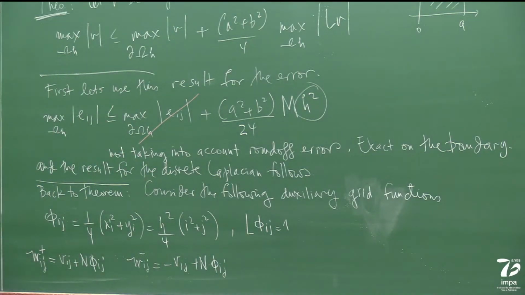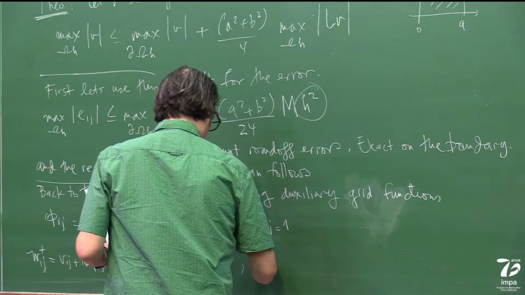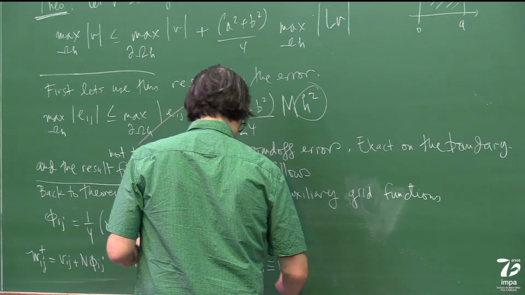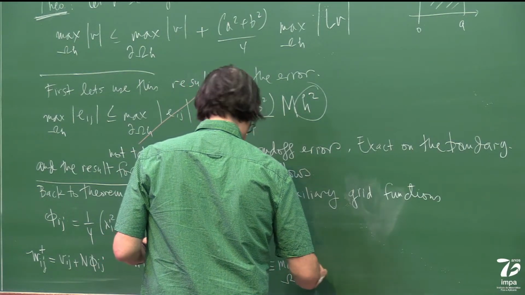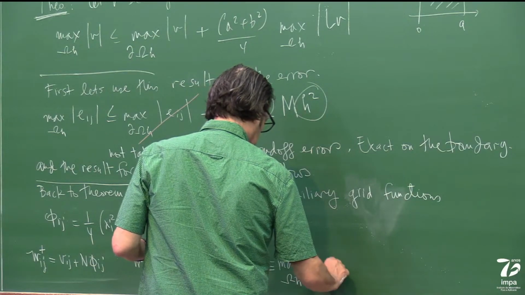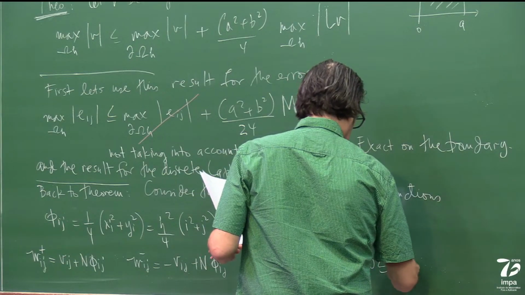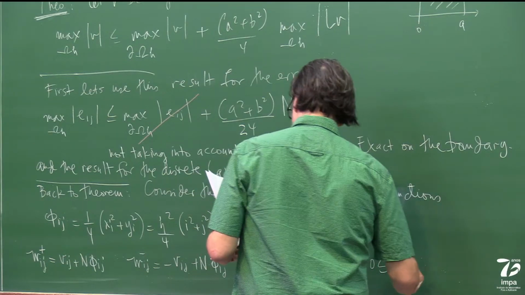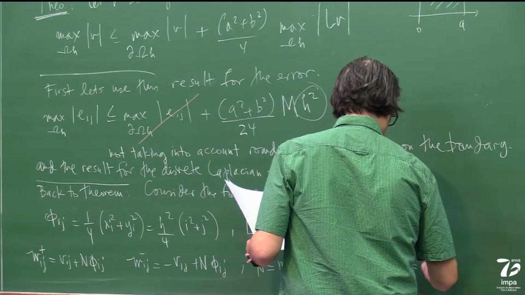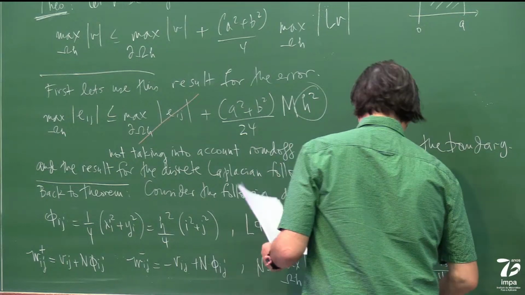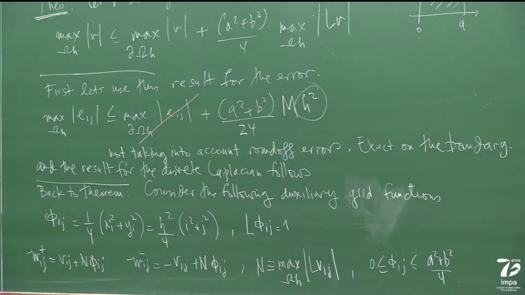So take these two auxiliary functions where n is defined as the max over the grid of this discrete guy. And V_ij, as I mentioned, is bounded in a convenient way. Okay, so technical functions to do the job we need.